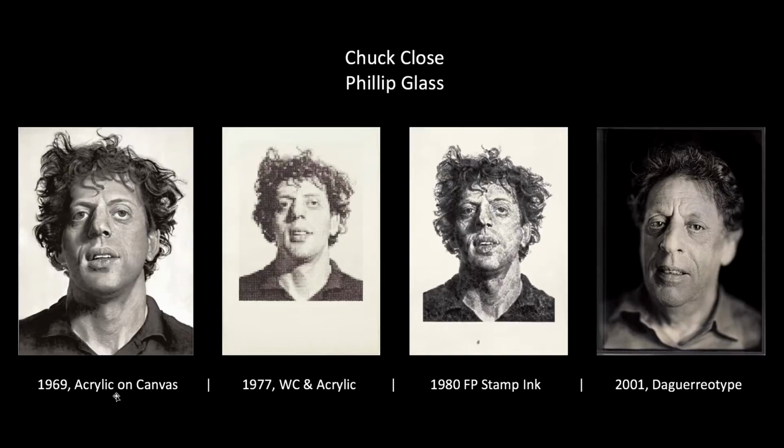From the photorealistic acrylic paint on canvas in 1969 to watercolor and acrylic mixed with the grid that he was using, to 1980, getting rid of paint altogether and the brush and using fingerprinted stamp ink. So putting his fingers on the pad and just building up those tones with his fingerprints.